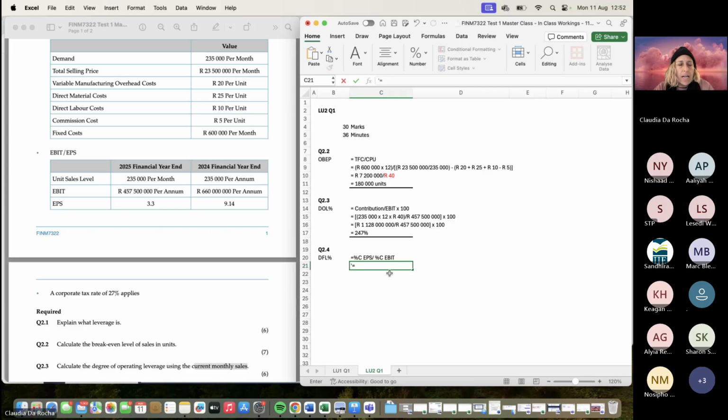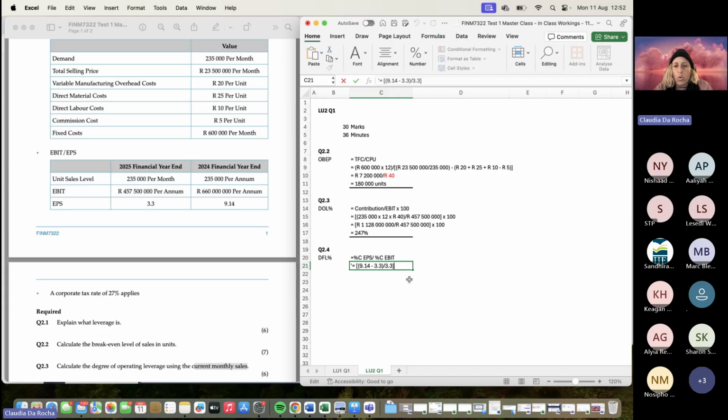We can say 9.14 less 3.3 for our change in EPS, and we divide this all by 3.3 because we want the percentage. So I am saying 2024's value less the 3.3 divided by the 3.3 because this is my base year. You can also say 3.3 minus 9.14, which will just give you a negative number, which doesn't actually matter.